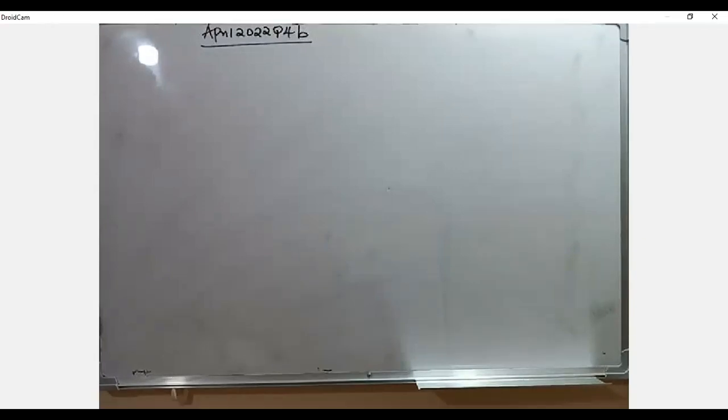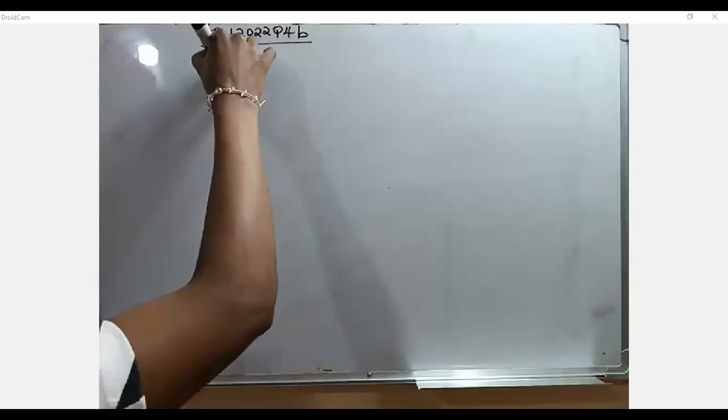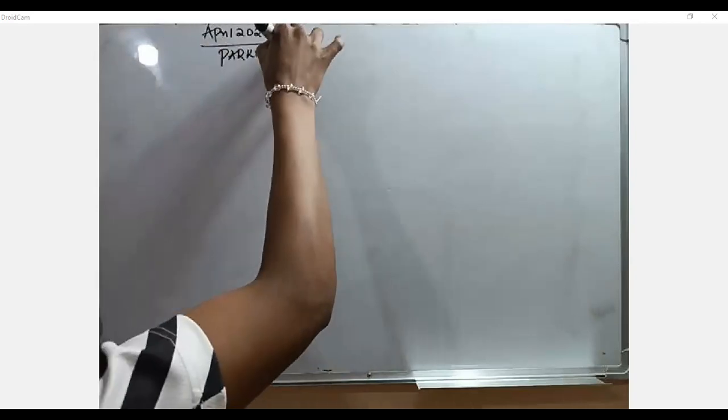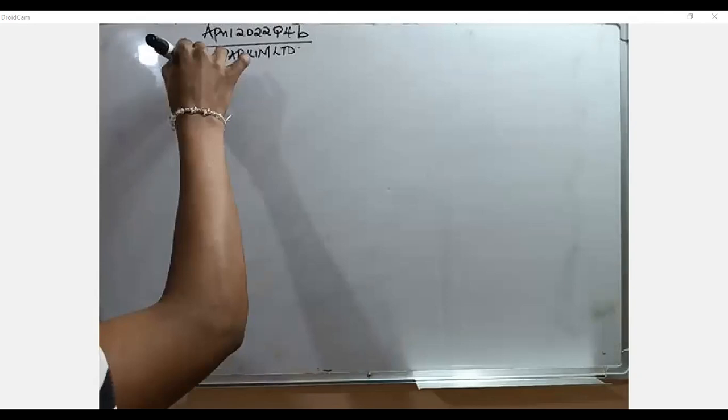It should be 4B. So I just want us to do the question very quickly. We're just finalizing. So in this case, we are doing a question for Parking Limited. We are doing for which year? We are being told it's 2021.